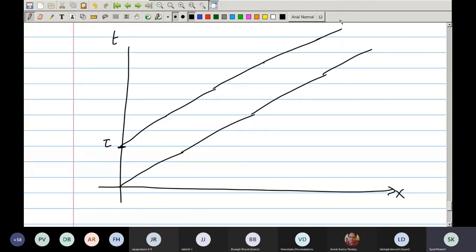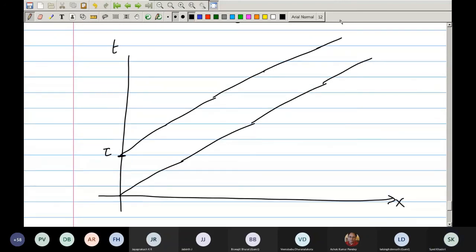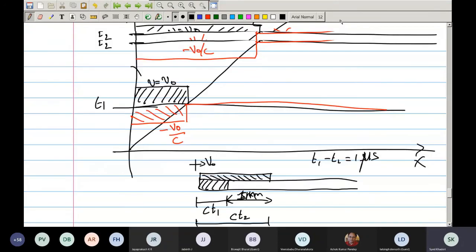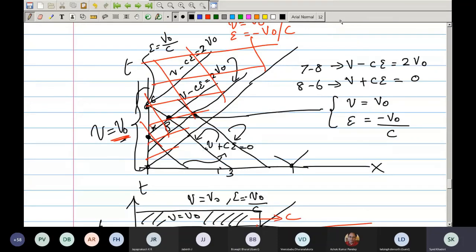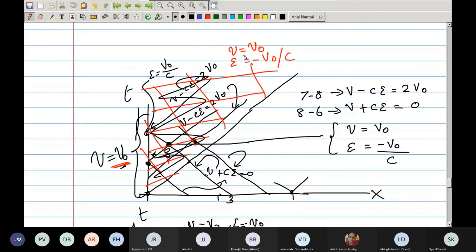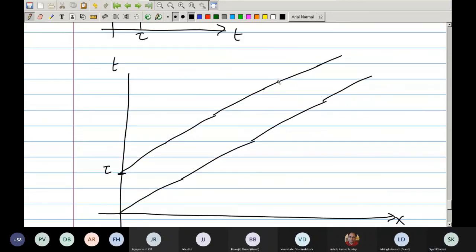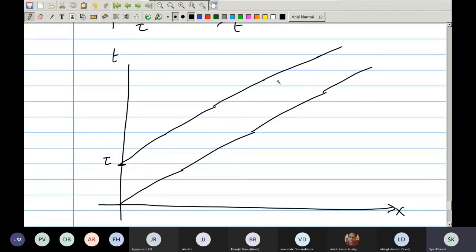Earlier, in this whole triangle, we had the situation that velocity is v0 and strain is minus v0 by c. But now those features will be constrained only to this region. In this region, we will have velocity v0 and strain minus v0 by c.